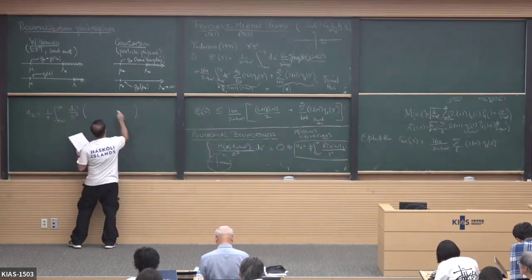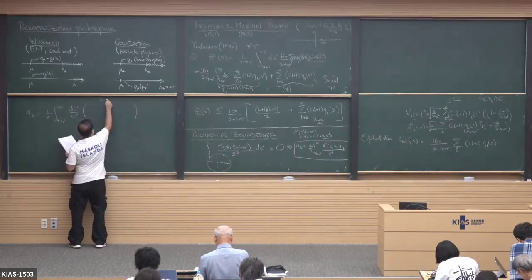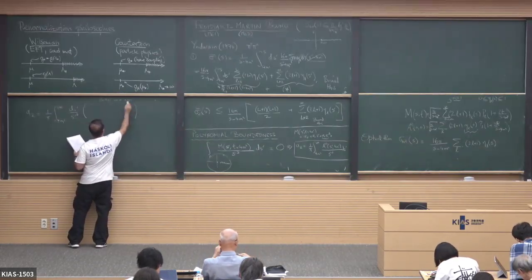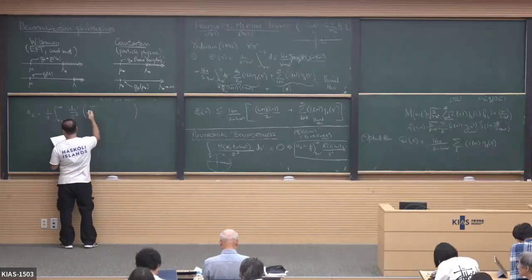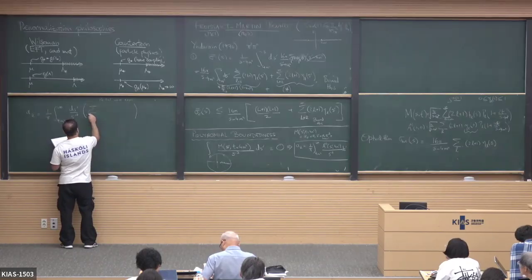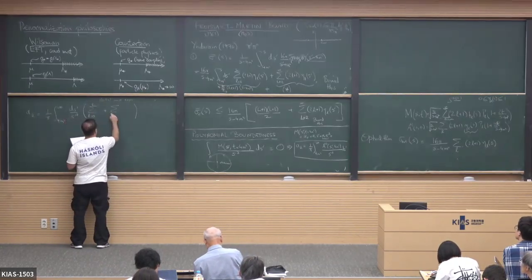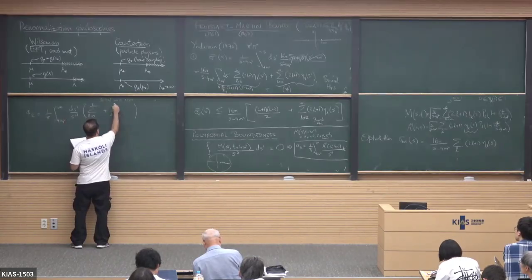You're going to put in the partial wave expansion. And then again, you're going to split the partial wave expansion into two pieces. One of them is from L equal to 0 to capital L, and then the other one is from L equal to L plus 2 to infinity.